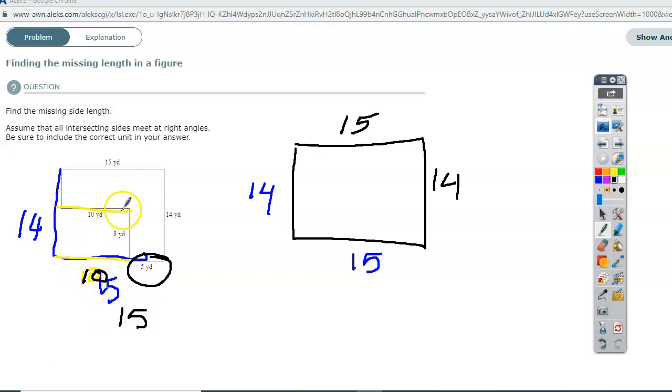So if you pull this down so that it looks like a regular rectangle, the sides should add up. Since this side should equal 14, if I push this number out as 8, this plus this has to equal 14. So this little piece has to be 6, because 8 plus 6 is 14.